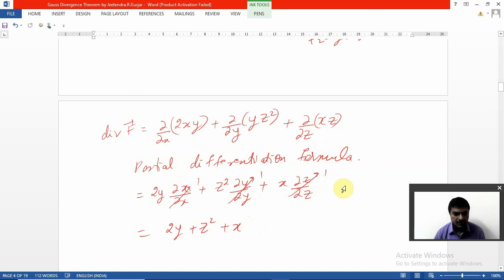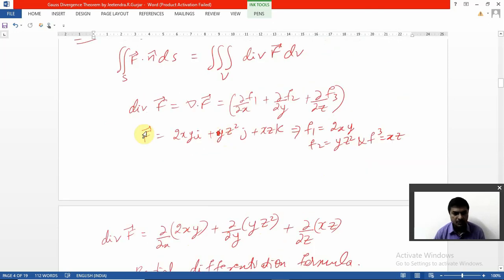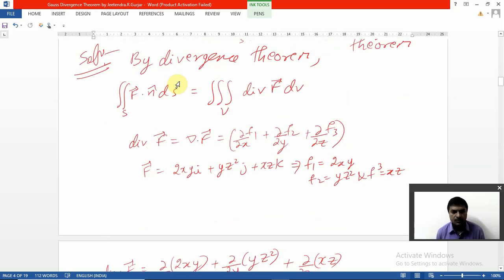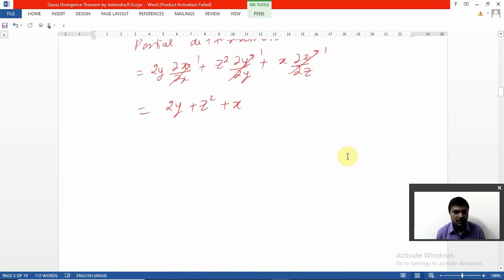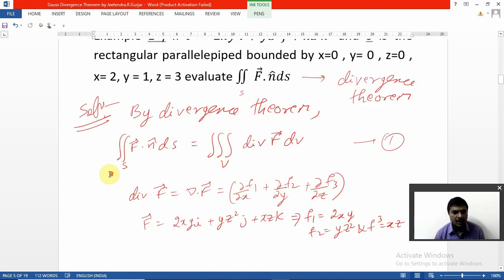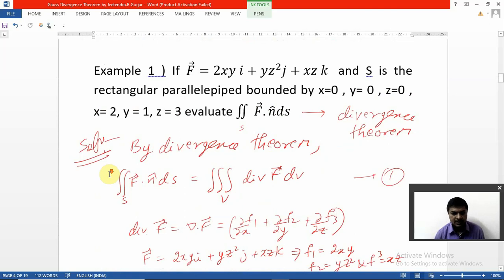Okay, so here we get divergence of f bar. Please substitute in this formula 1. I will take this equation, substitute in equation 1, students. So now this is going to become, again they have mentioned already, x, y, z.